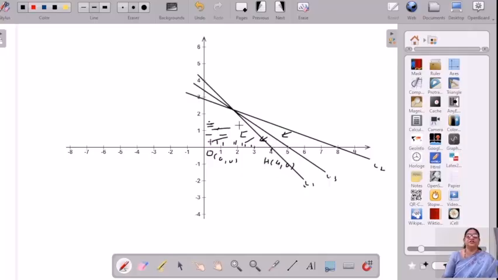Then our next points are B and C. At the point C we have 0, 3.